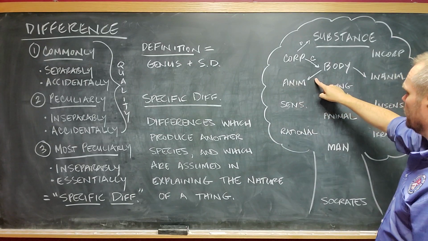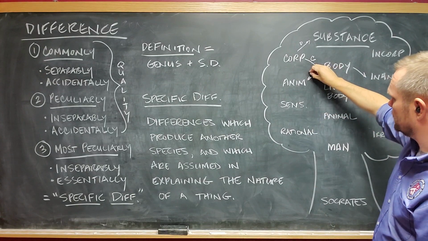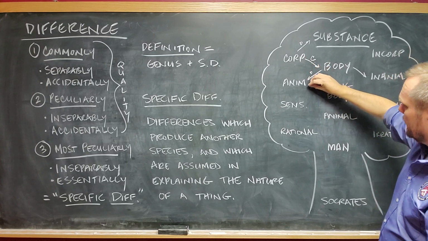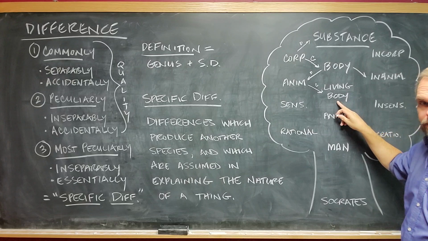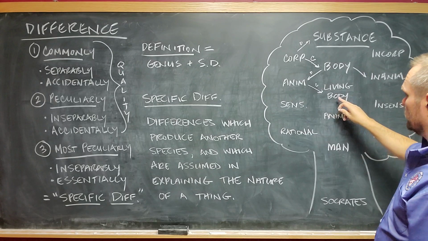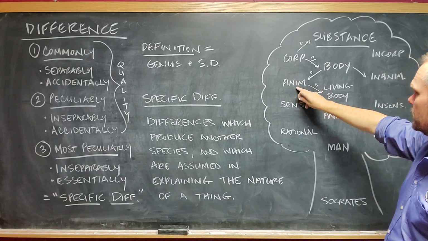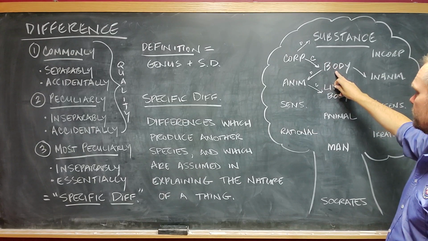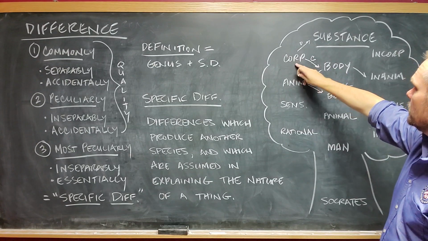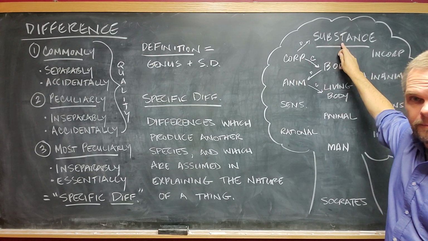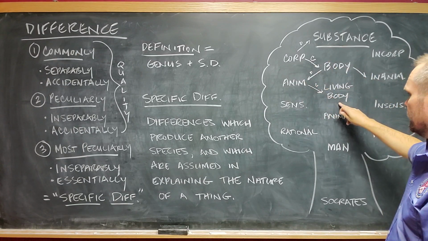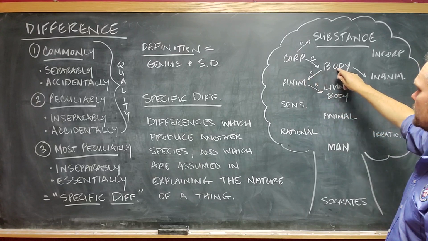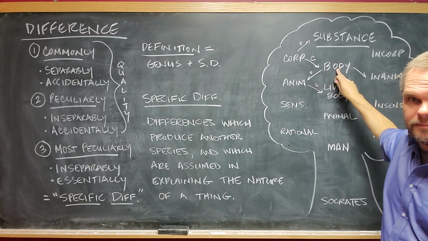Animated divides body, so I can put D here, but animated constitutes living body. So a living body is an animated body. A body is a corporeal substance. The difference animated constitutes living body and divides the genus body.